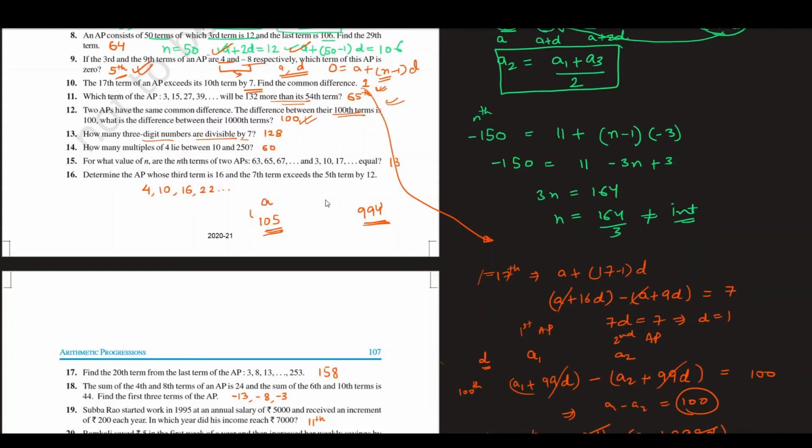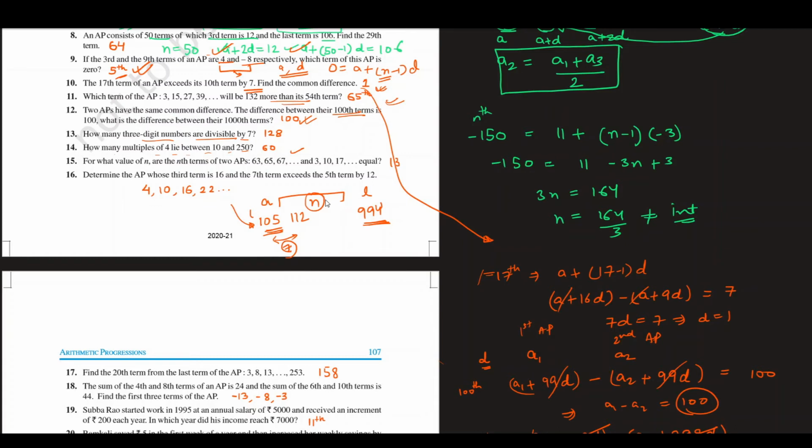So this is the first term, this is the last term, and we know that the difference is 7 because the next term would be 112. The difference would be 7 because you have to take multiples of 7. Just apply the formula for the nth term and find n. Okay, how many multiples of 4 lie between? It is similar, in the similar way you can do this also.